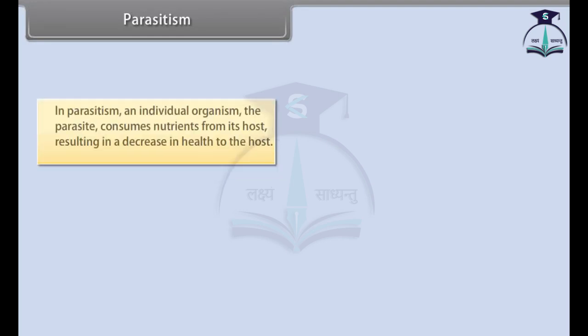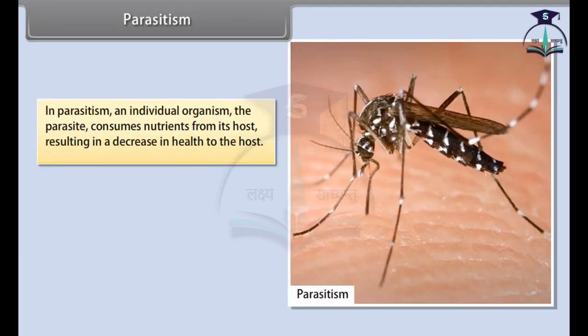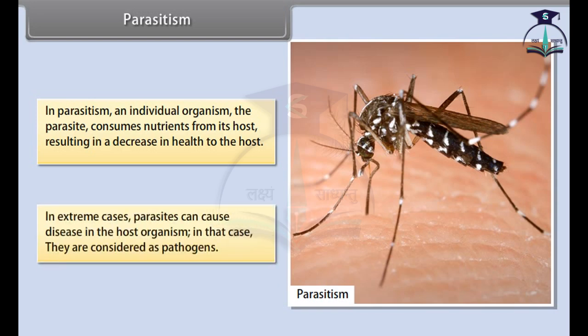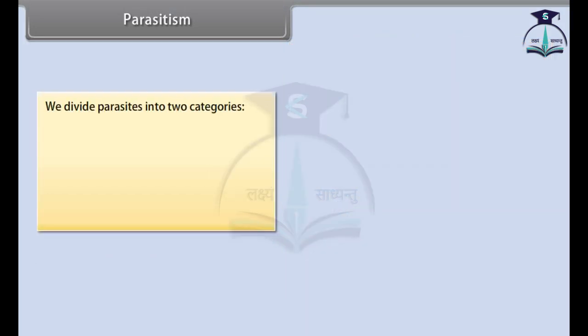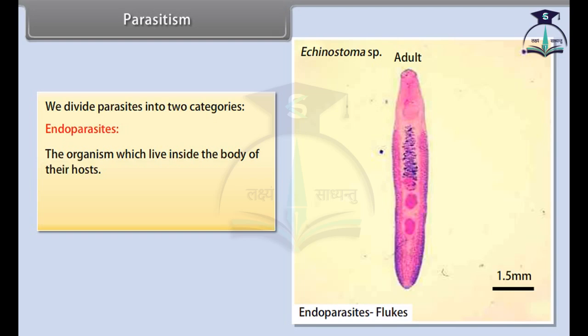Parasitism. In parasitism, an individual organism, the parasite, consumes nutrients from its host, resulting in a decrease in health to the host. In extreme cases, parasites can cause disease in the host organism. In that case, they are considered as pathogens. We divide parasites into two categories. Endoparasites, the organisms which live inside the body of their hosts.